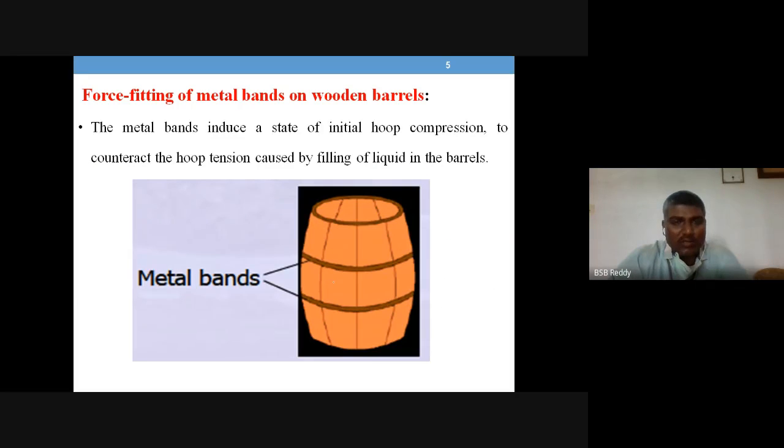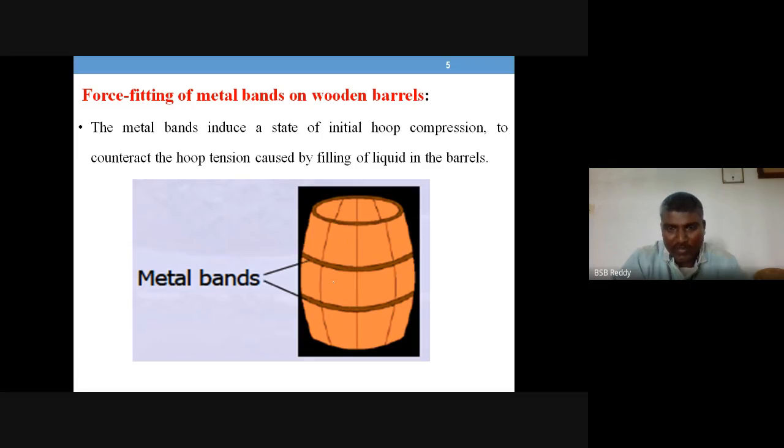So this is one example: the wooden barrels you might have seen in some Hollywood movies, used to store material, maybe liquid or powder form material, sometimes gunpowder, in case of ships. How are these wooden barrels made leak proof?